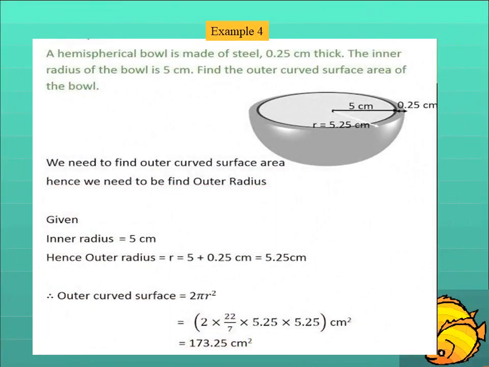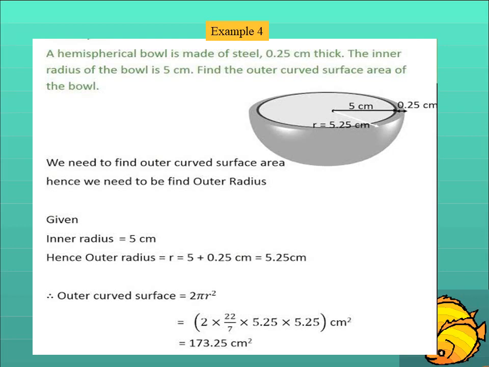Let us look at example 4. We are told that a hemispherical ball is made of steel 0.25 centimeters thick. The inner radius of the ball is 5 centimeters. Find the outer curved surface area of this ball.